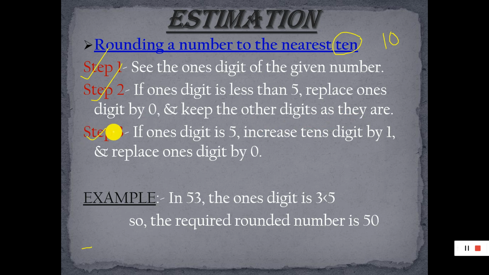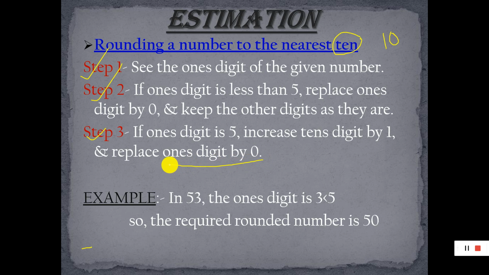And the third step is: if the ones digit is 5, increase the tens digit by 1 and replace the ones digit by 0. These are the three steps.